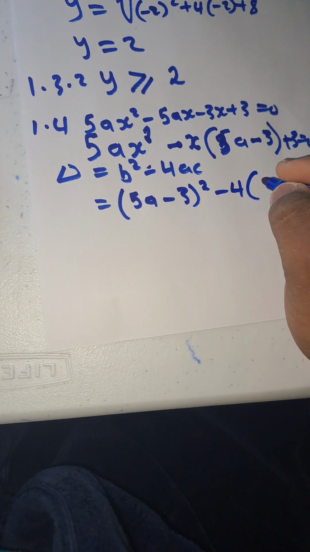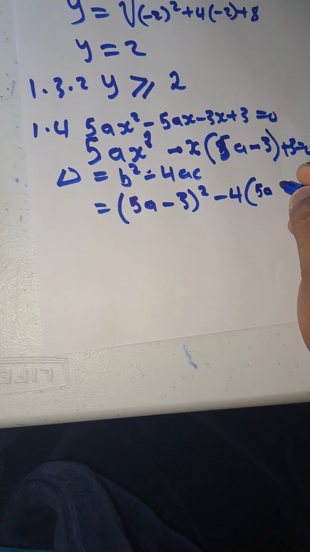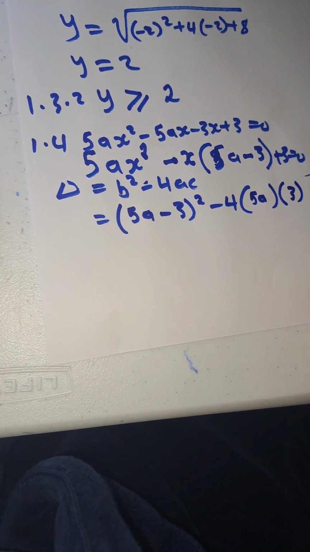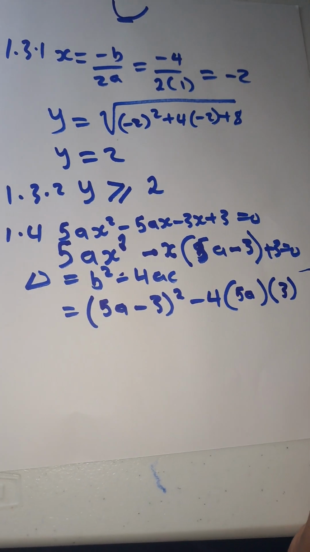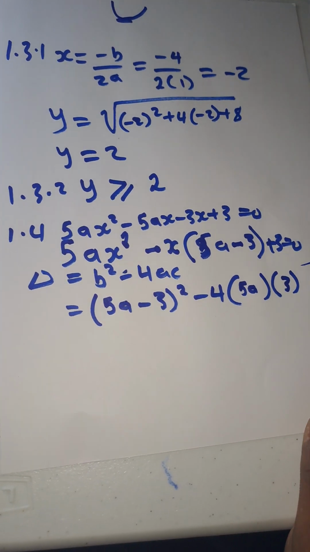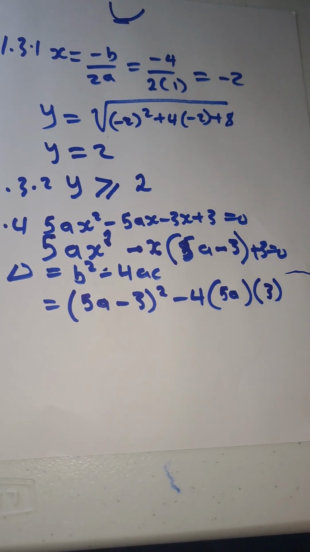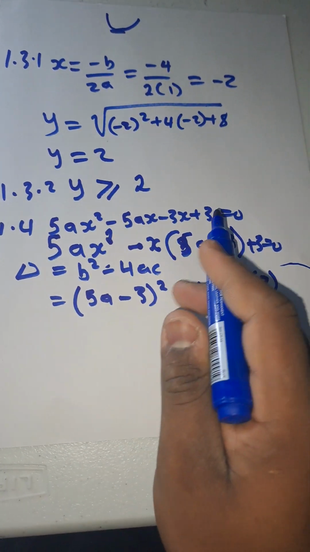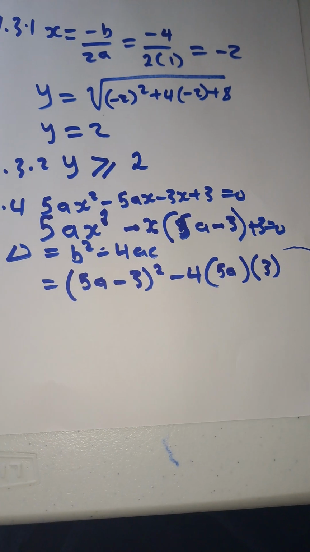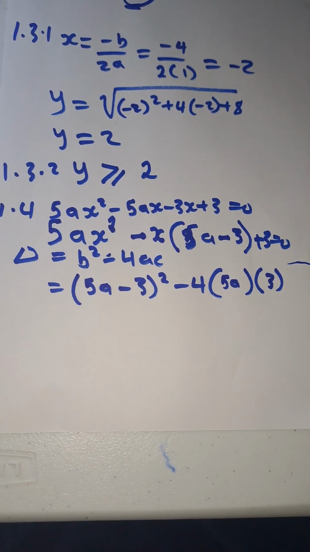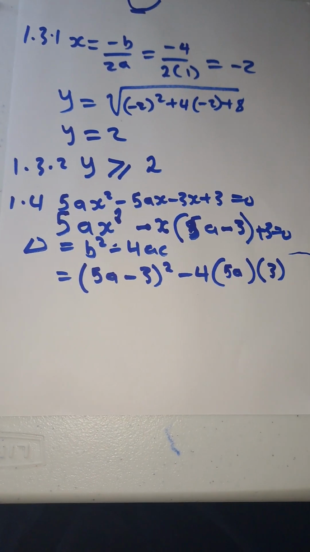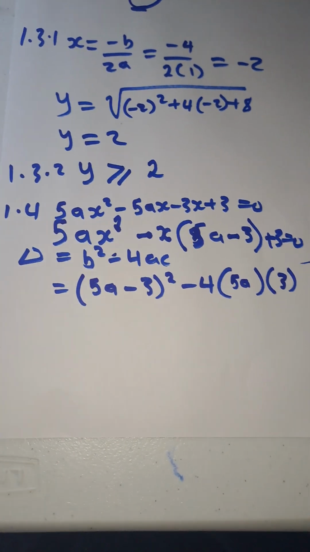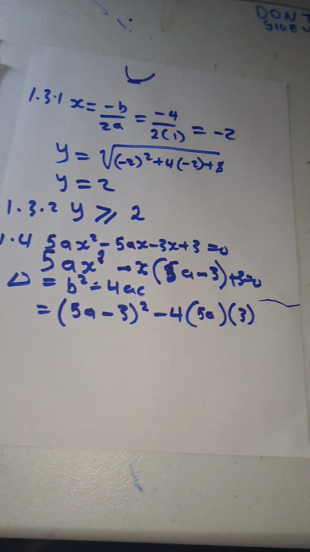What is my a? 5a. And then my c, 3. Is it now fine, guys? Because you're simply taking for this x. You can't include x because you're not trying to solve for x. You're just trying to find the nature of roots. So that's why I didn't even put x here, because now it is in terms of a and these numbers.